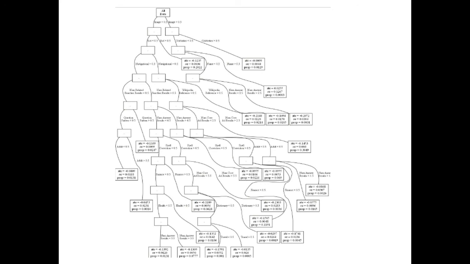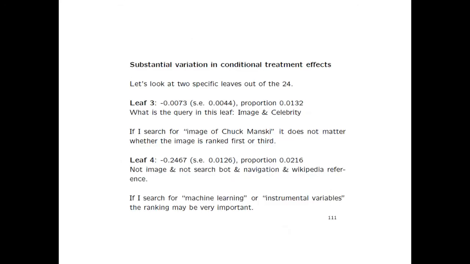Now, let me briefly mention the last problem, where again we're combining some of these machine learning methods with a specific focus on causal effects. So much of the literature on causality has focused on estimating average treatment effects.